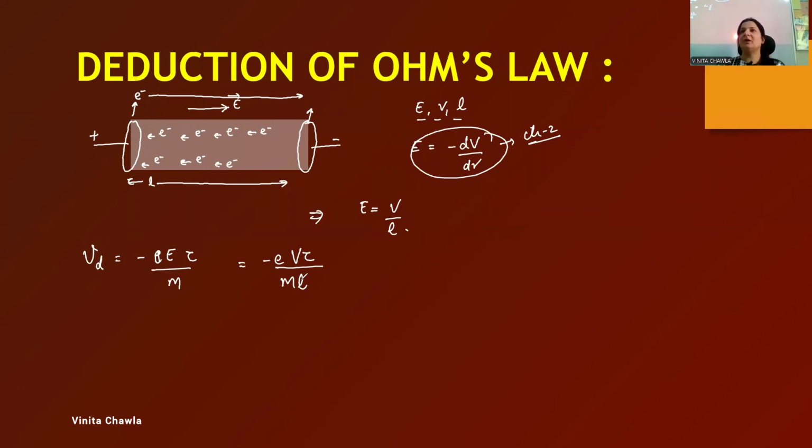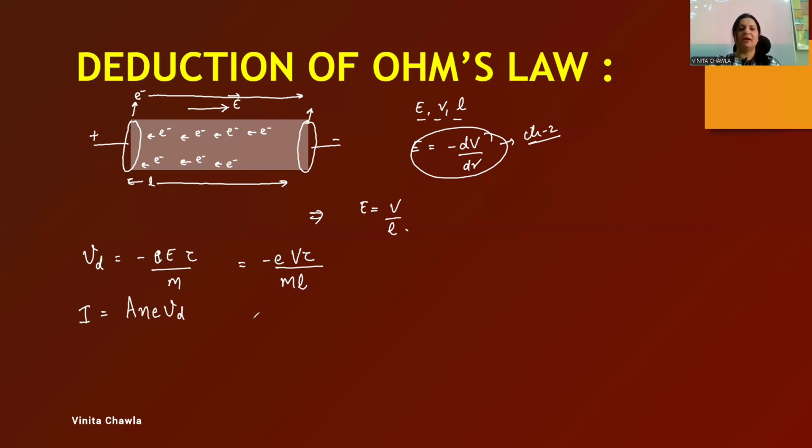Relation between electric current and drift velocity is? I is equal to A N E V D. So for VD we can write this expression. है ना? तो VD के लिए हम ये expression लिख देते हैं.